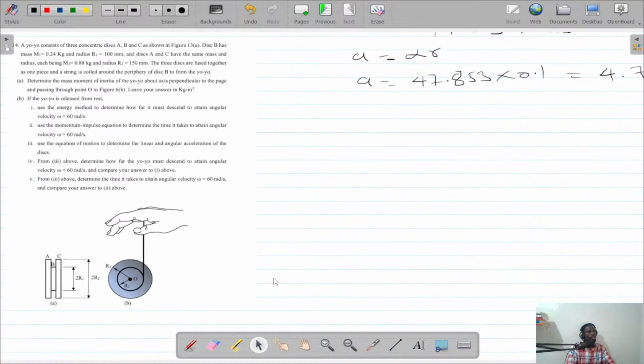Okay, so now this is done, this is done, this is done. We want to find the distance it traveled to attain this, how far it traveled, and then we want to find the time it takes.